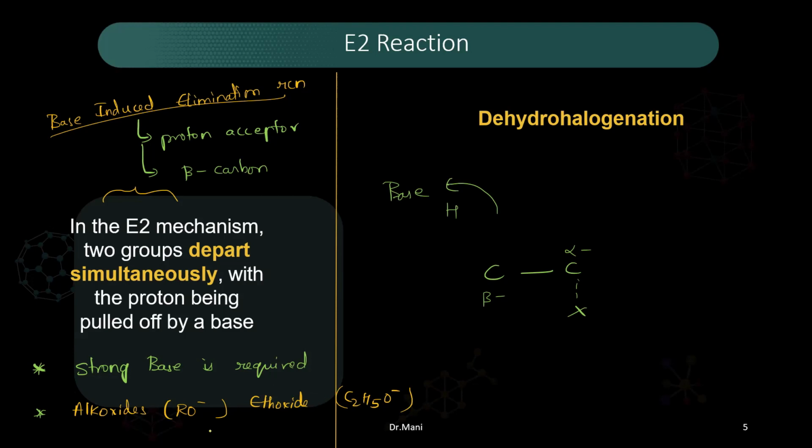Okay. And you can also take hydroxides, which is OH minus. So this OH minus, when it comes close to the beta carbon, will pull the hydrogen, breaking the carbon-hydrogen bond. So this will go and attach and they will turn out to be a water molecule. The same with ethoxide, it will turn out to be ethanol. The same with alkoxide, it will turn out to be alcohol. Is that clear?